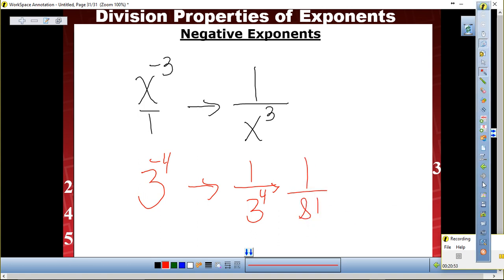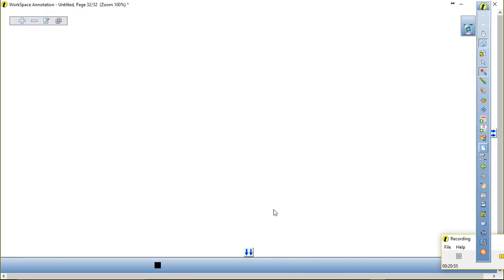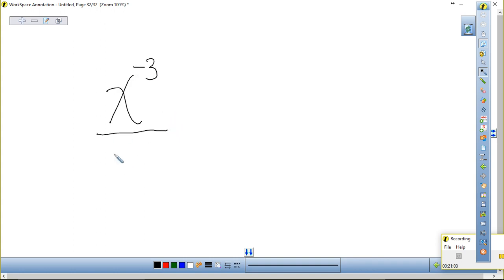But what if we encounter something like this? Are you ready? X to the negative 3 over y to the negative 4. Okay, think about it. Talk it over with your neighbor and see what you would do with that situation.